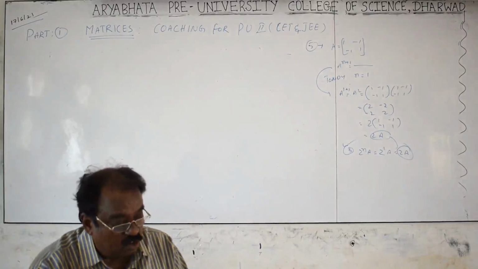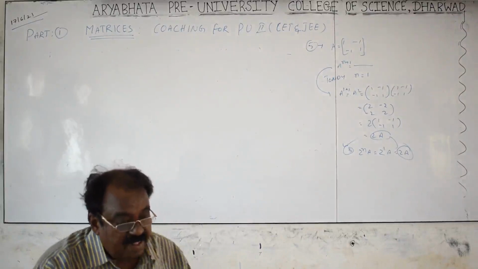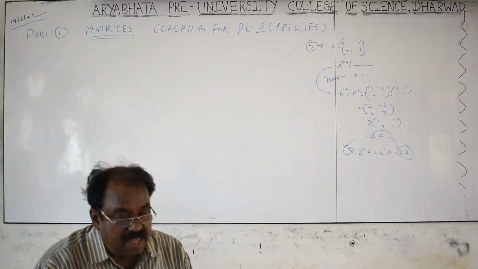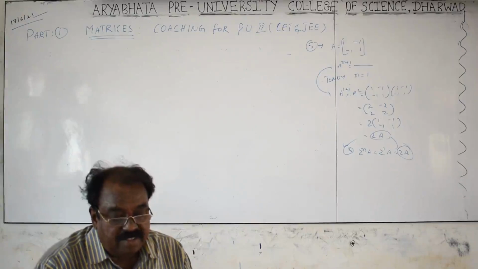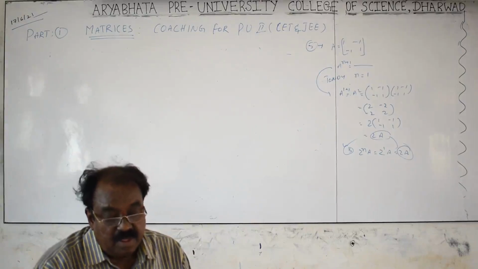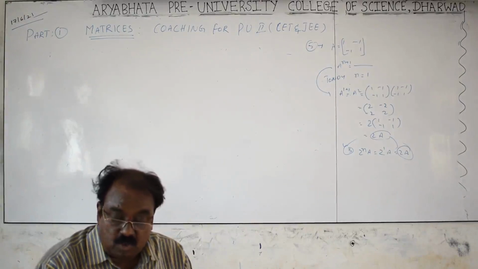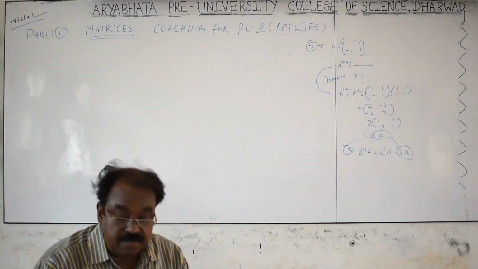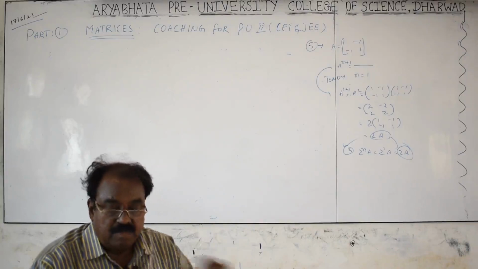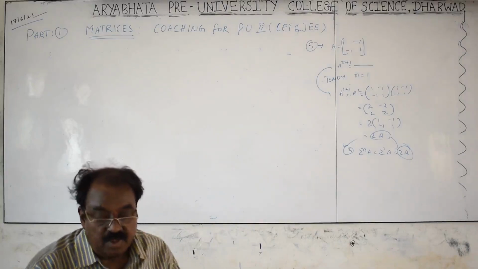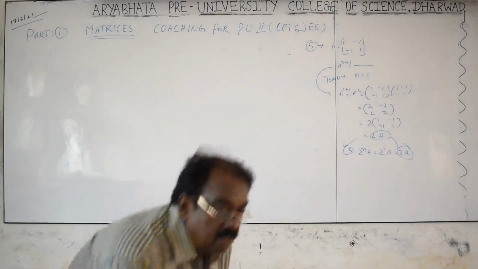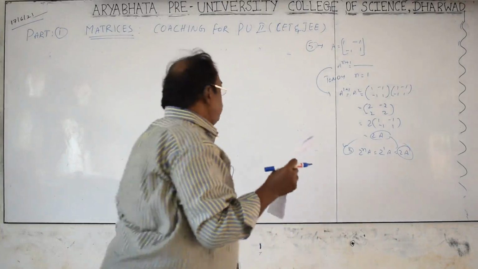Okay, next, the sixth one. If A, B are two square matrices such that A plus B whole square is equal to A square plus B square plus 2AB, then what is the condition?